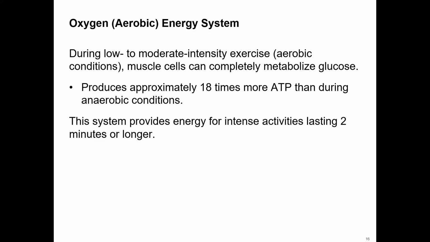But sometimes the anaerobic has to kick in if we're doing intense activities lasting longer. So, again, those other systems, the lactic acid system, the Cori cycle, those types of cycles can help supply a little extra energy if our aerobic system cannot keep up.